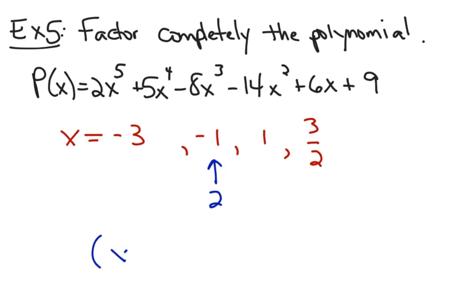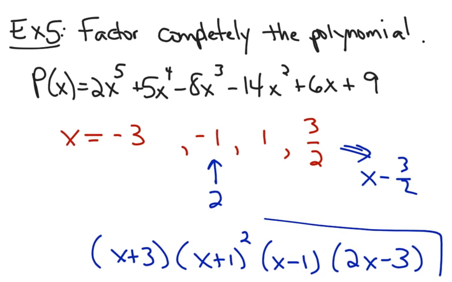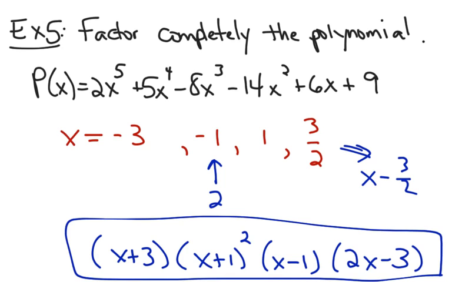So when you factor, you get x plus 3, you get x plus 1 squared, x minus 1, and remember when you put in factored form that 0, you get x minus 3/2, which is the same thing as 2x minus 3. So there's the factored form, and all I had to do was graph it in the calculator, find the real zeros, and just notice if there were any multiplicities.